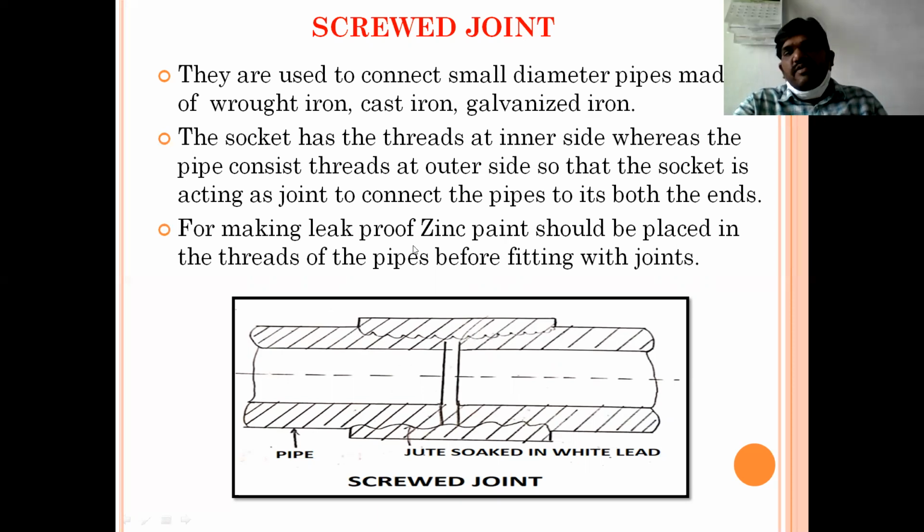For making it leak-proof, zinc paint should be applied to the threads of the pipe before fitting with joints, or else white clay.